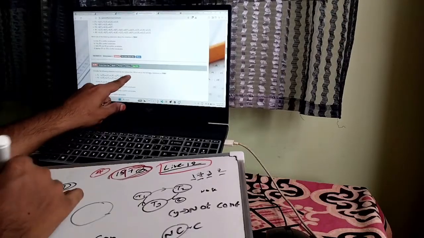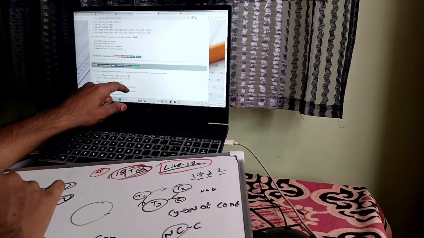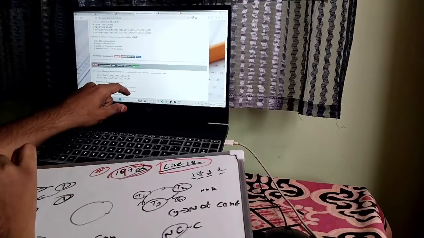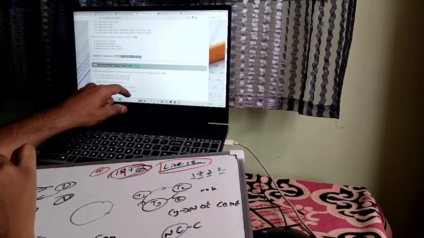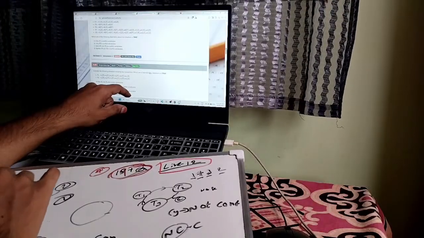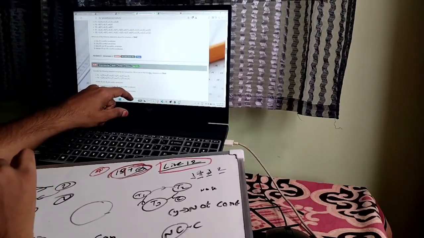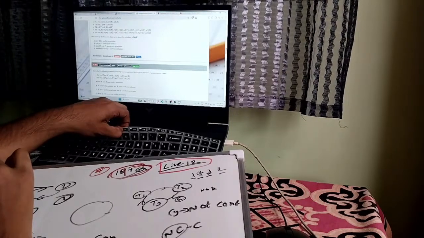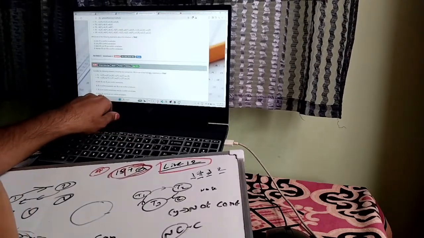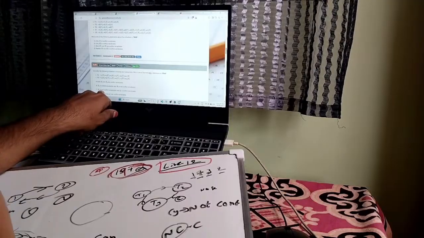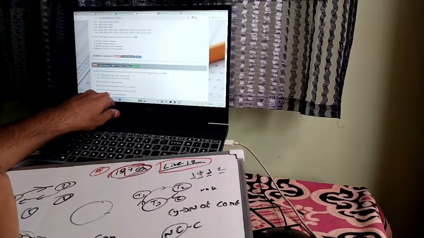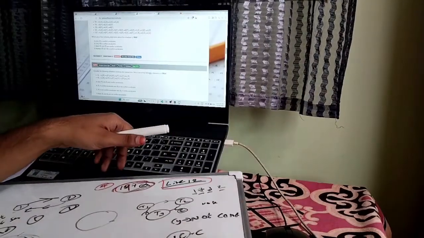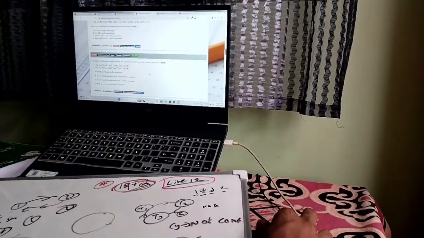There is no cycle, so it is conflict serializable. So S1 is not conflict serializable, S2 is conflict serializable. That will be the answer. Yes, that option will be the answer.